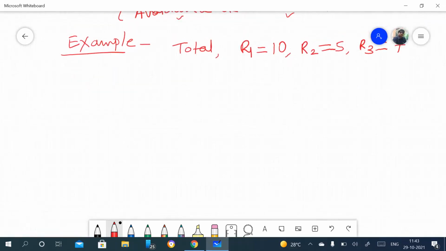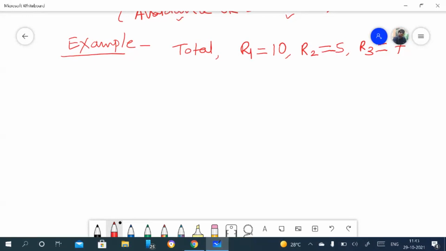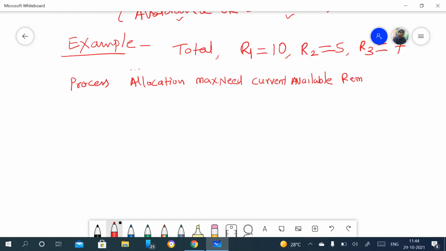So I'll draw that same table over here. Allocation, then maximum need, then available, whatever is the current available, and last is remaining need, right?